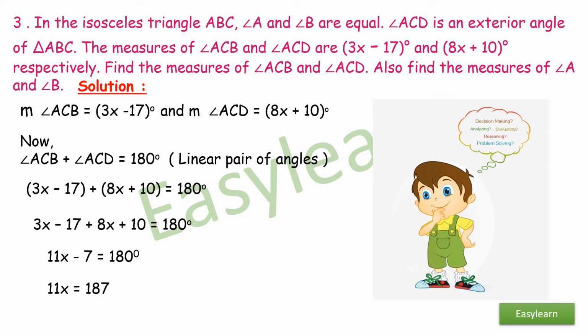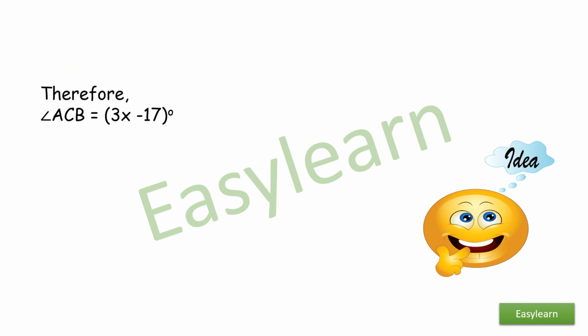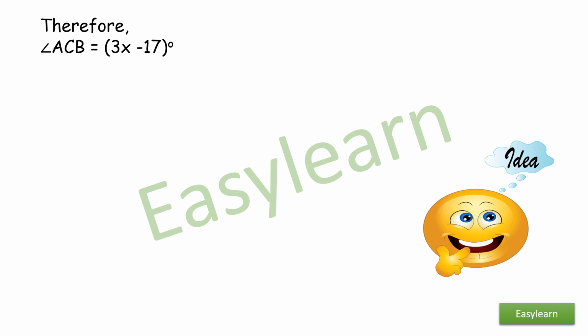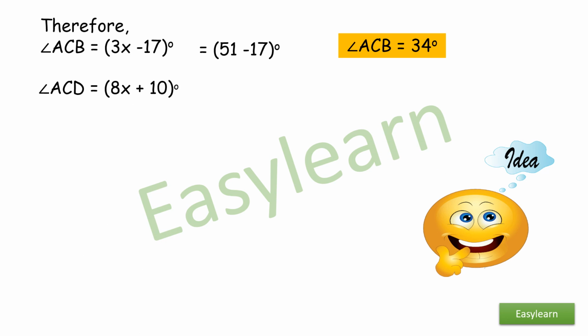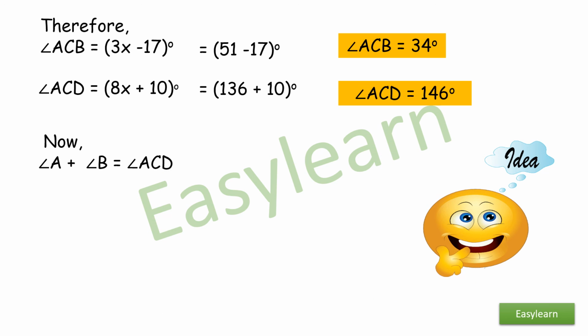Therefore, 11x is equal to 187. That is, x is equal to 17. Therefore, ACB is 3x minus 17. Substitute x as 17, you get 51 minus 17 degrees. That is, ACB is 34. ACD is 8x plus 10 degrees. Substitute x as 17, you get 136 plus 10, which is equal to 146 degrees.